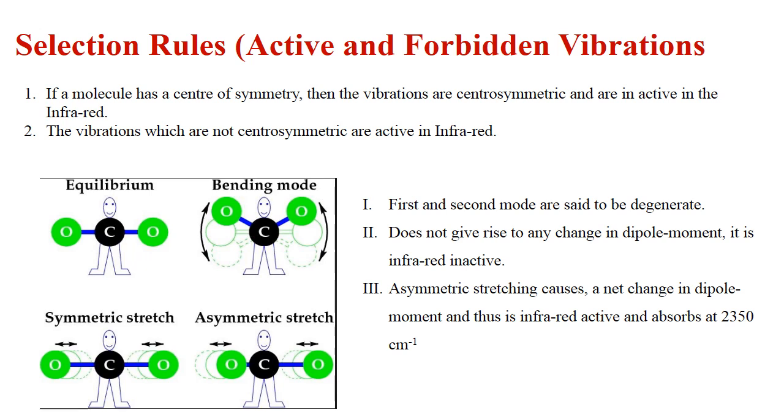An equal and opposite dipole is created on both sides of the central atom, so no band appears in the IR spectrum. Whereas for asymmetrical stretching, an intense band appears near 2350 per centimeter, which shows the presence of carbon dioxide.